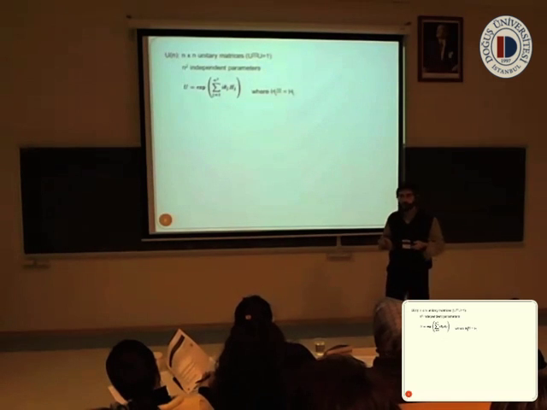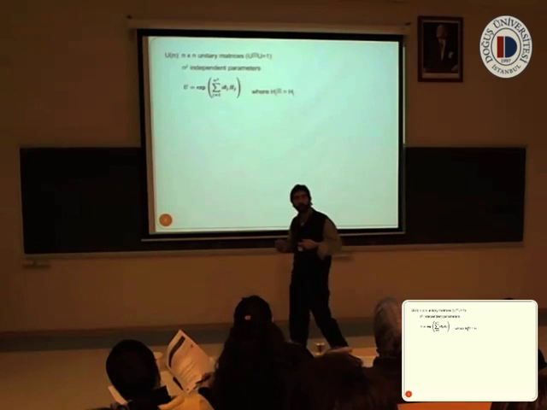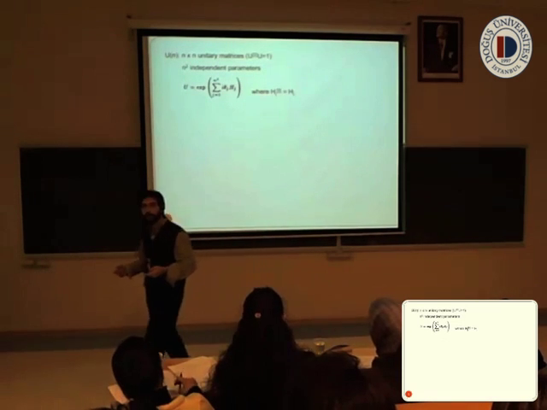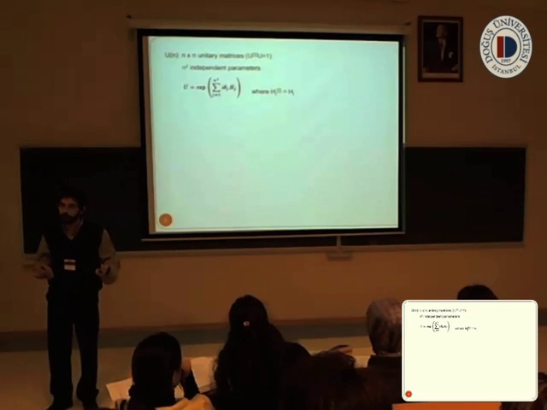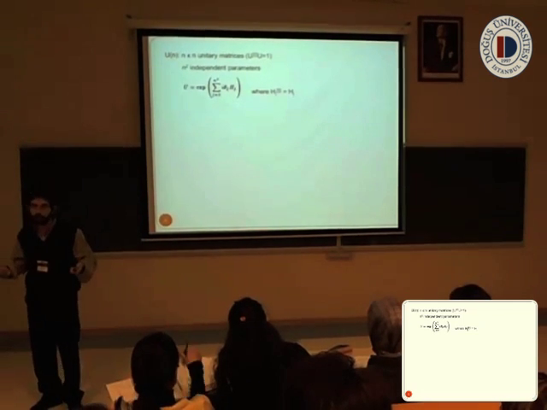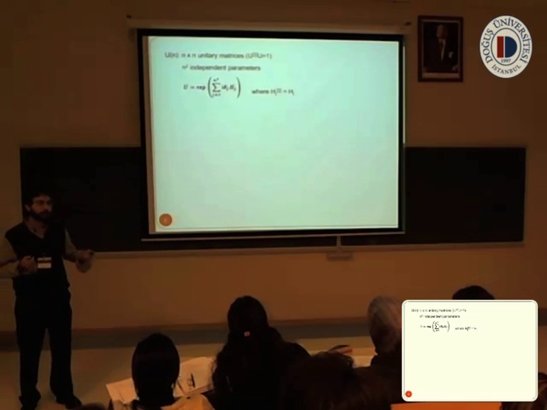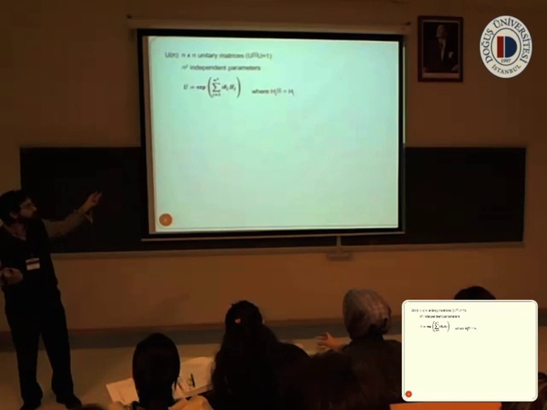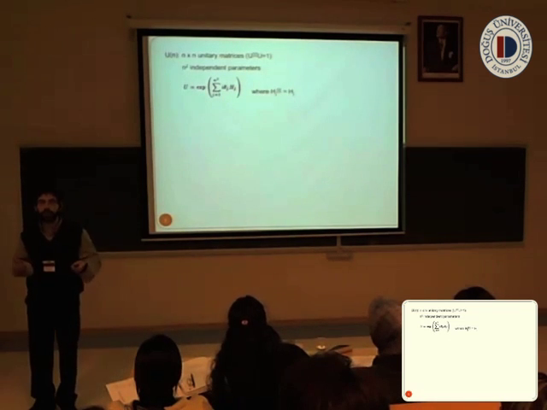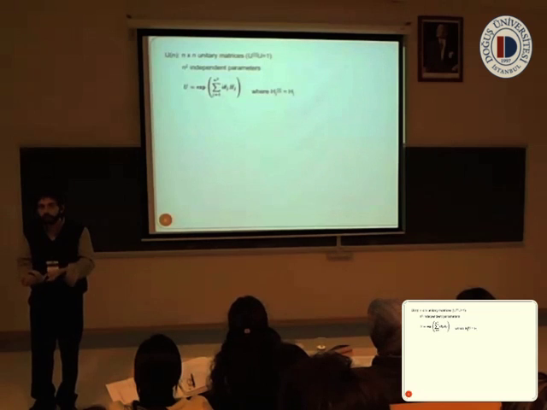So if you have an n by n matrix and each element is complex, you have 2 n square elements. But these elements are not independent, because we have a unitary matrix. And you can write a unitarity condition by multiplying the rows and columns of U and U dagger, which gives you n square constraints. And if you subtract n square from 2n square, you get n square.